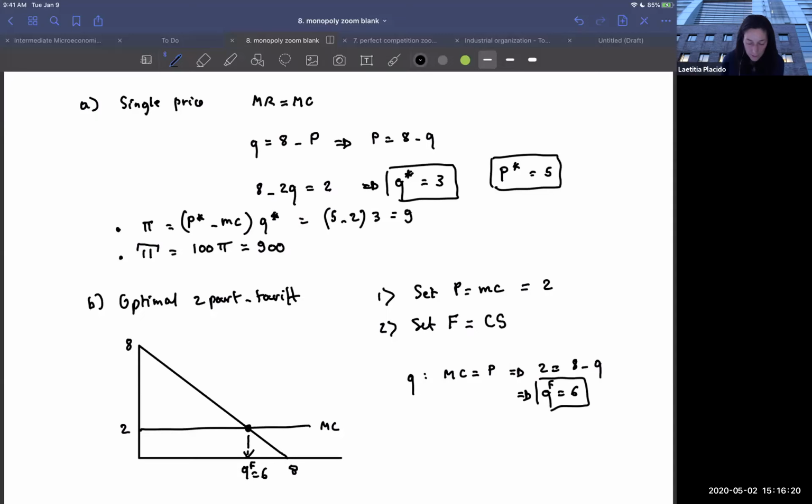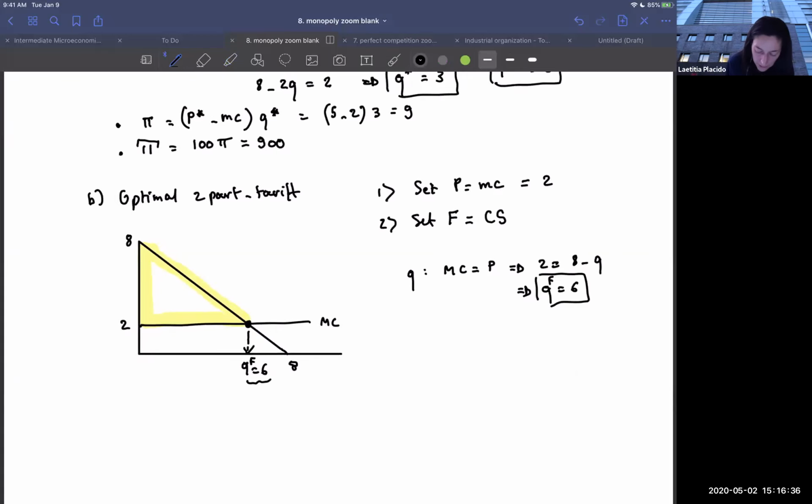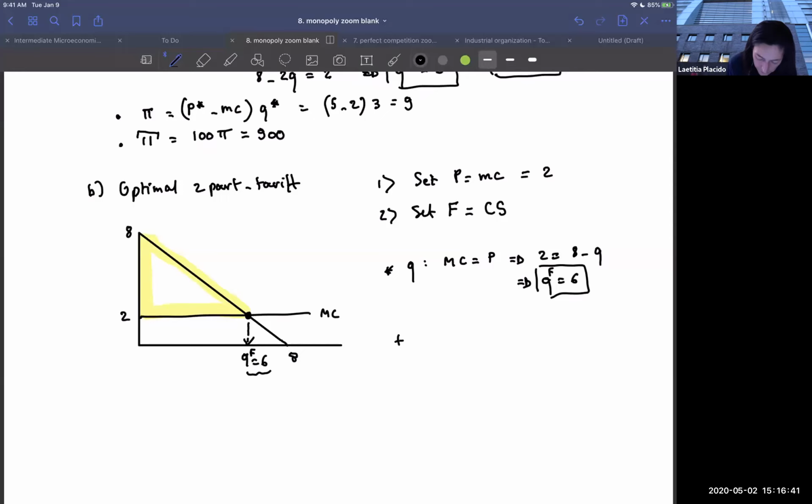The entry fee is going to be the consumer surplus conditional on consuming this quantity 6. Let's calculate the yellow area: 8 minus 2 times 6, divided by 2. So it's 3 times 6, that's 18.